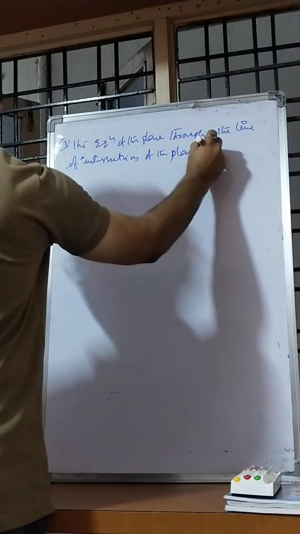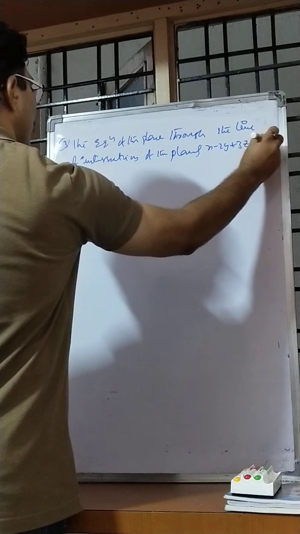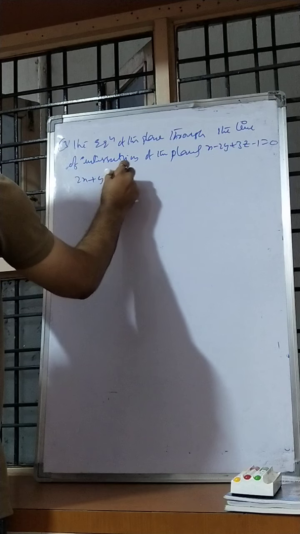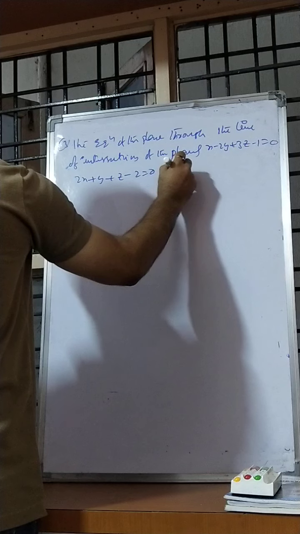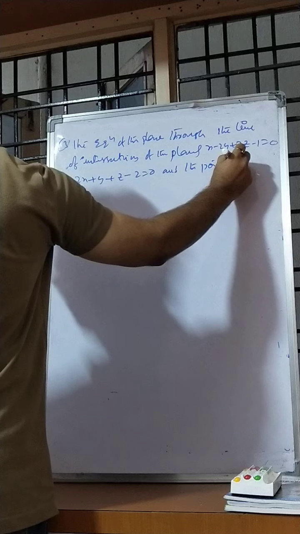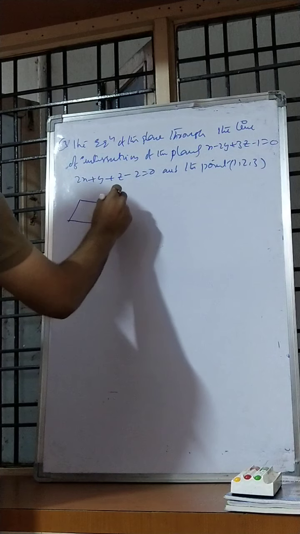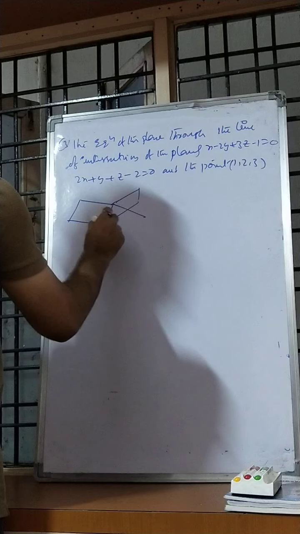What are the planes here? x minus 2y plus 3z minus 1 equal to 0. Another one is 2x plus y plus z minus 2 equal to 0. And the point 1, 2, 3. Same as it is, sir. One plane is this, another plane is this one. They might have given it like this, sir.